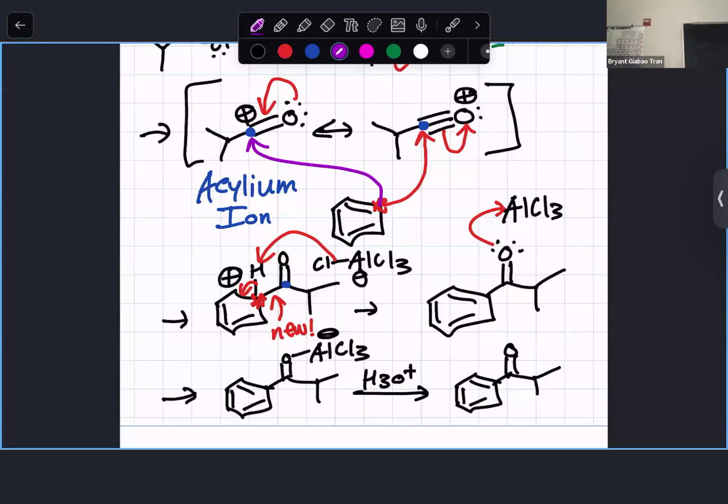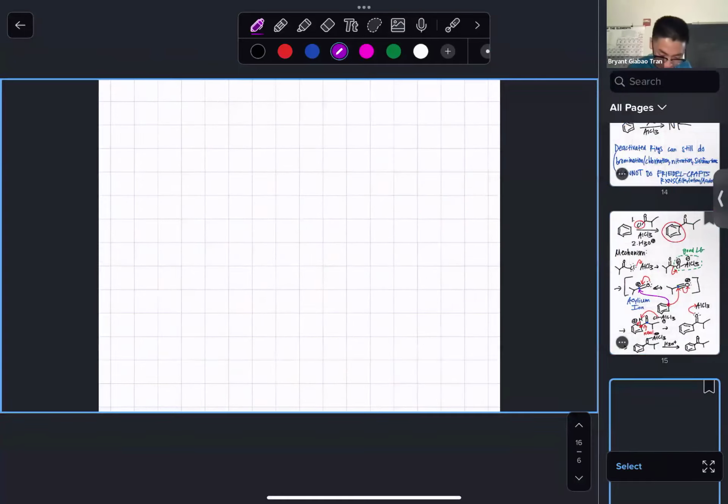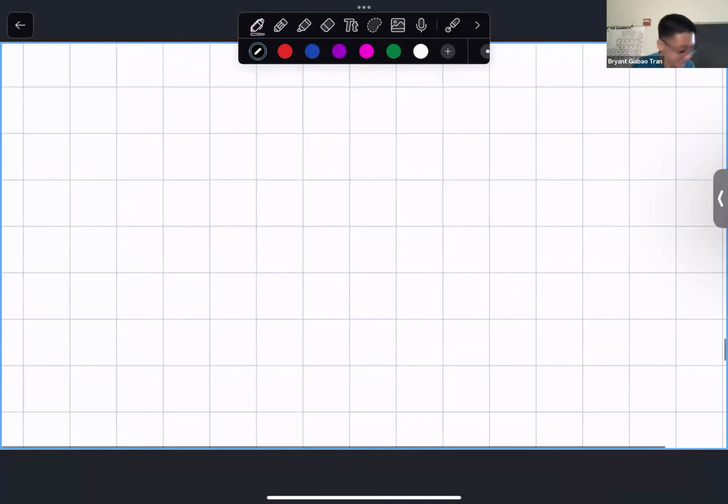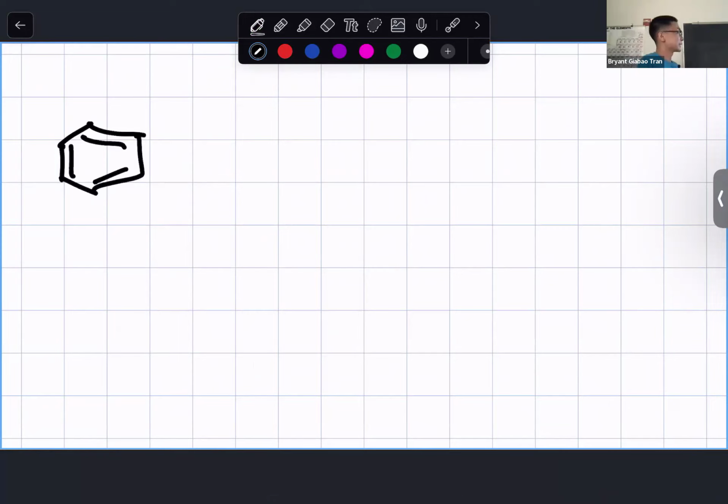Oh, how do you get rid of the carbonyl? Okay, that's a good question because that is good for synthesis, to get rid of that carbonyl, right? So this is gonna go more into synthesis now, where we covered all of the EAS reactions: bromination, chlorination, nitration, sulfonation, Friedel-Crafts alkylation, acylation. Now we're gonna use all those reactions for synthesis, right?